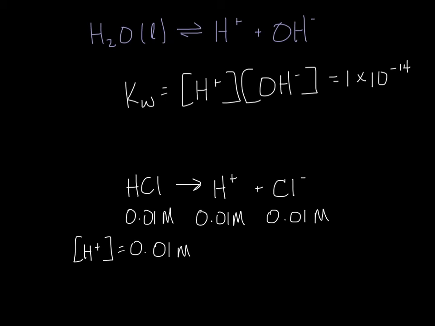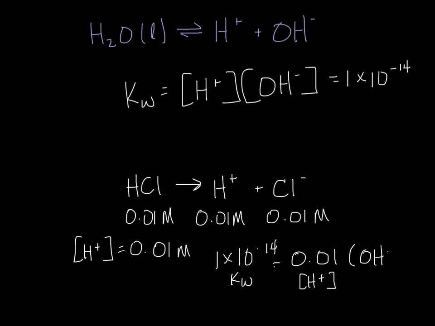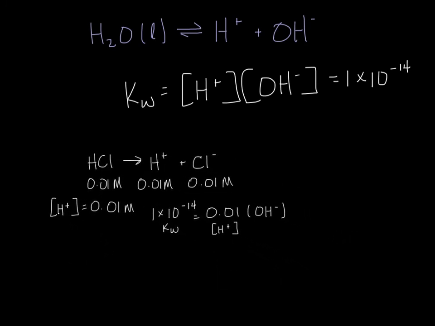So if we set it up, we get 1 times 10 to the negative 14, because that's Kw, equals the concentration of our hydrogen ion, 0.01, times the concentration of our OH minus.